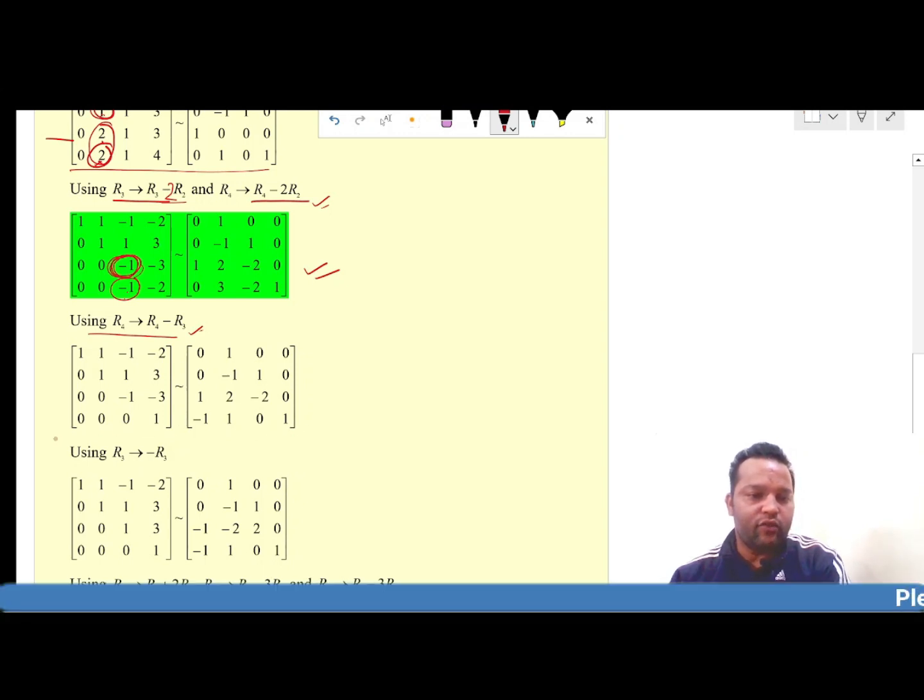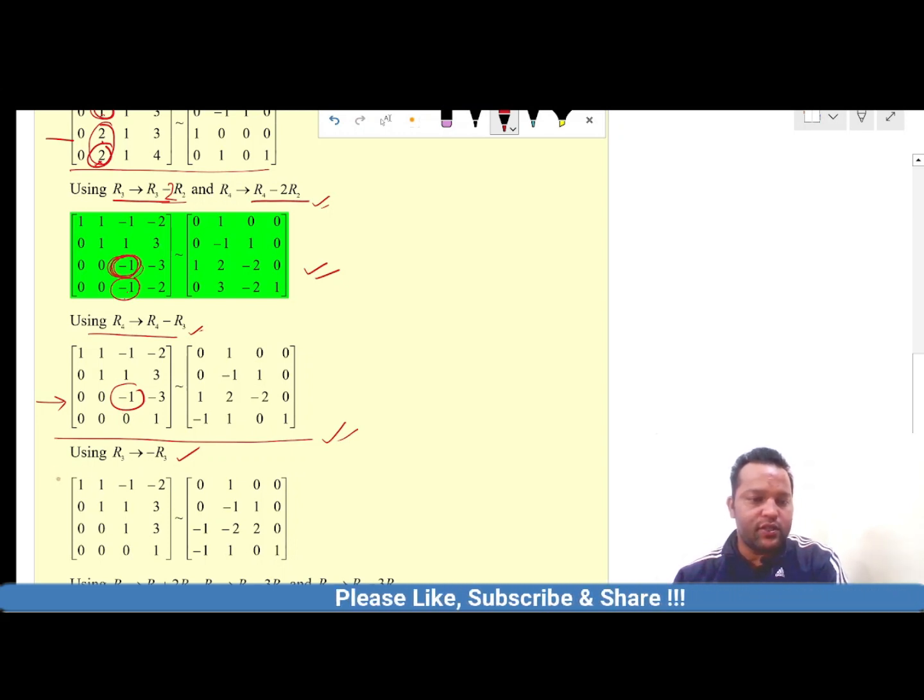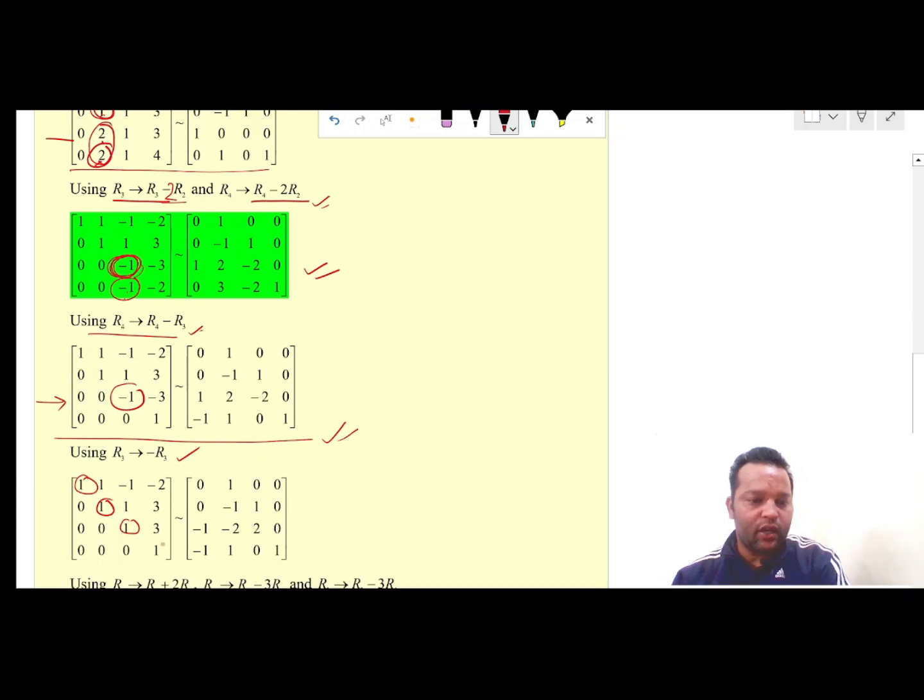So this form becomes this. Then, in order to make this entry 1, we simply multiply all the entries of the third row by minus 1. So this form becomes this. Now all the diagonal entries are 1, and all the entries below the diagonal are 0.